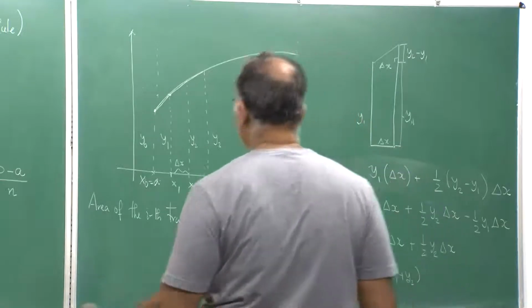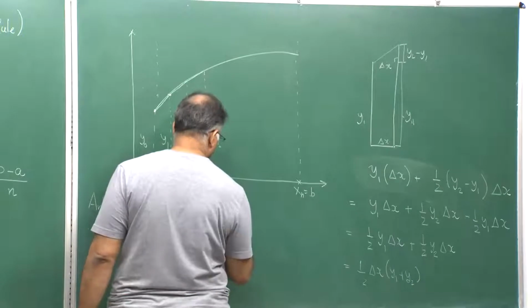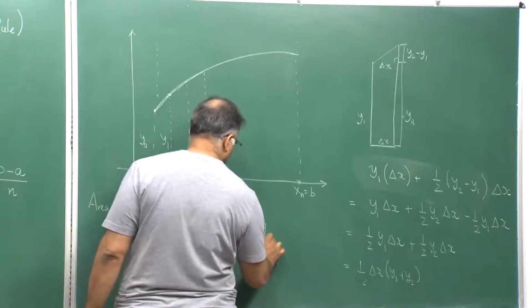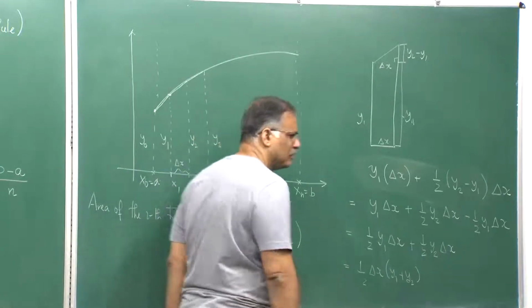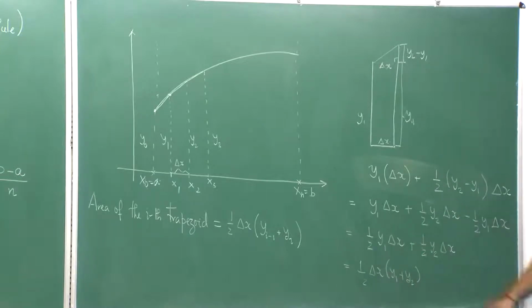The area of the ith trapezoid is given in a very simple way. It is the same thing, half delta x into (y(i minus 1) plus yi). Just replace 2 with i, and 1 is of course i minus 1. So, now how am I going to estimate this integral?